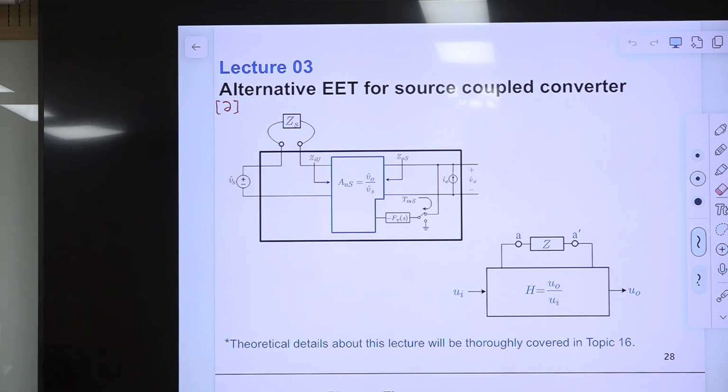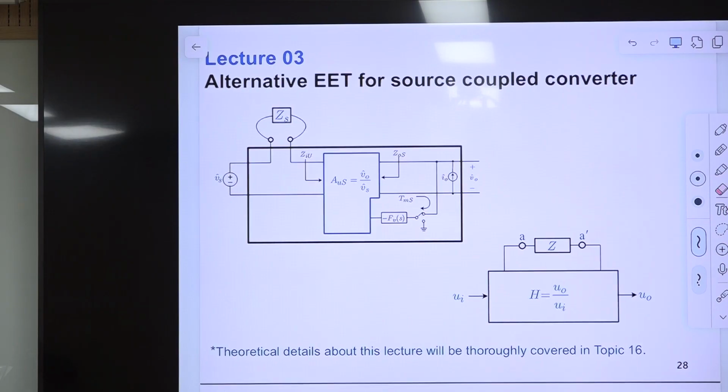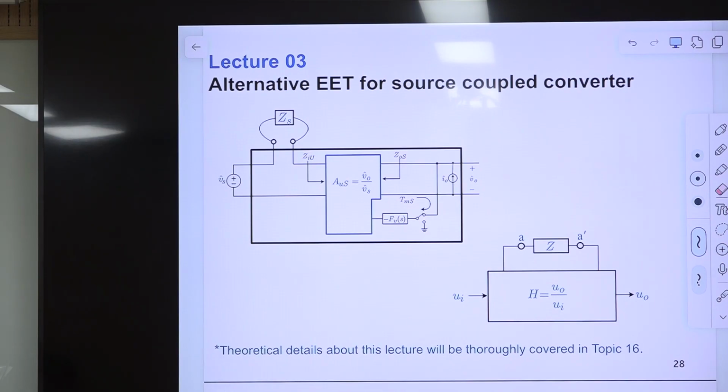EET has many variations, and I know three important variations. The first one is the previous one, adapted to the load-coupled converter, and the second one is this one, the alternative EET, which can be adapted to the source-coupled converter.